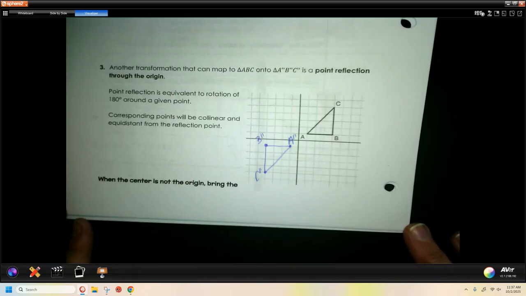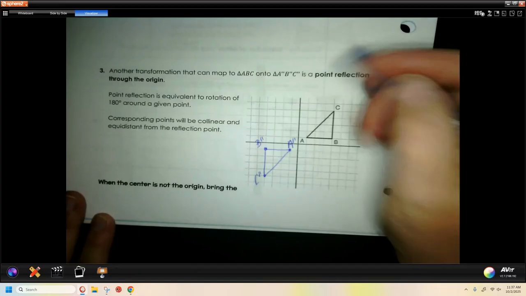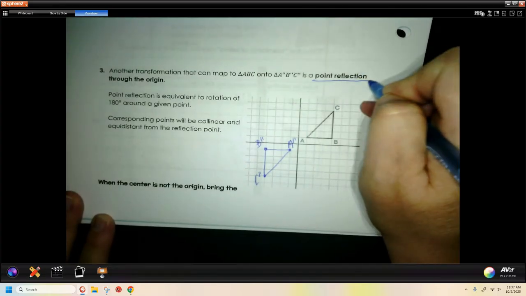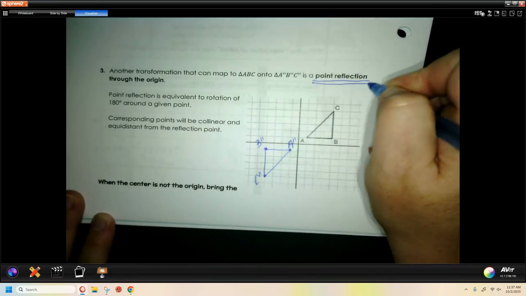Okay, so we have learned translation, which is a slide, reflection, which is a flip, and rotation, which is a turn. But there is also this thing called, wait for it, point reflection. What's a point reflection?